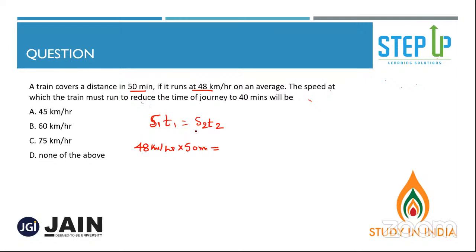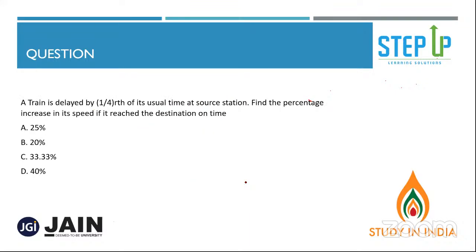S2 we need to calculate, I don't know. And time taken is 40 minutes. So this will get cancelled. 4, 1, 4, 12. Minute will also get cancelled. S2 is equal to 60 kilometer per hour. Fine. All right, go for this.